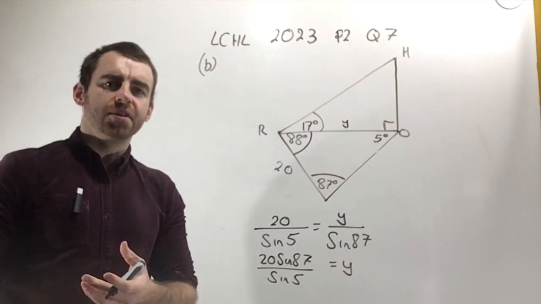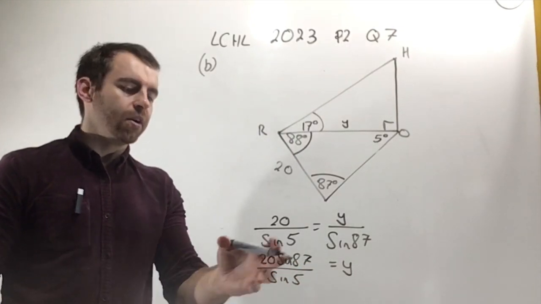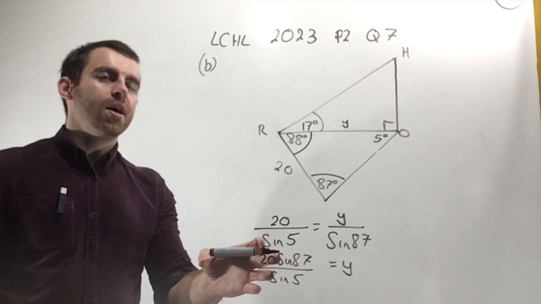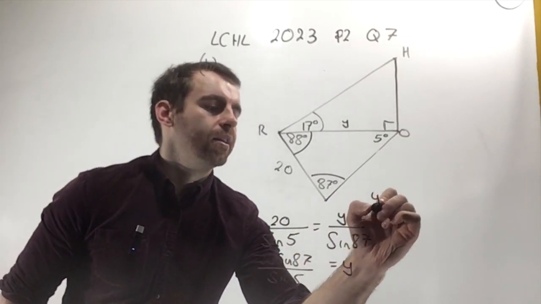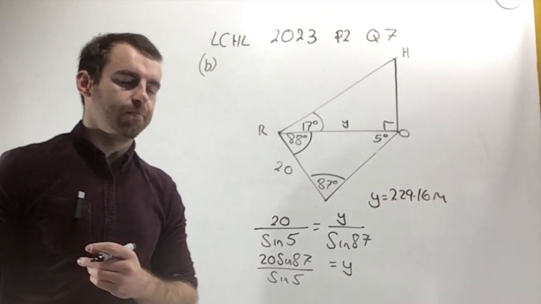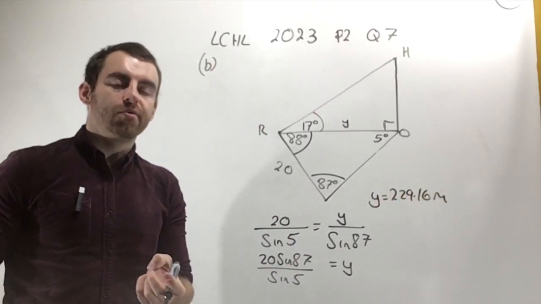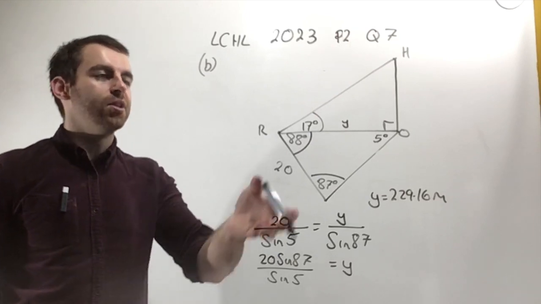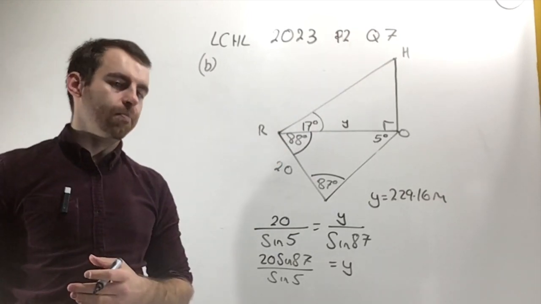Now all I have to do is plug this into my calculator and work out a value for y. In this case y works out as 229.16 meters. So in other words, we've worked out another piece of information about the right angle triangle.